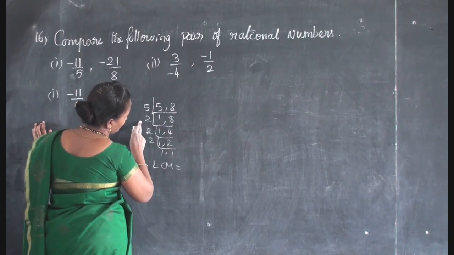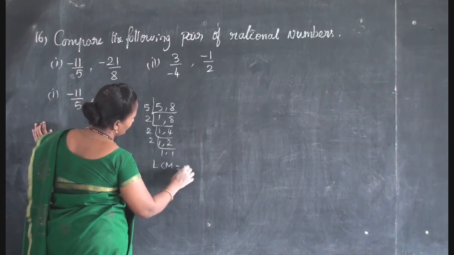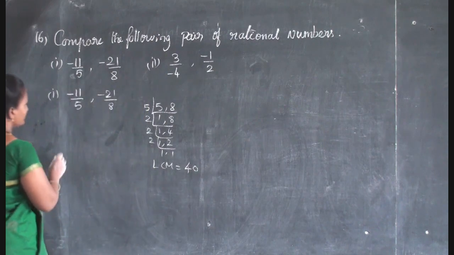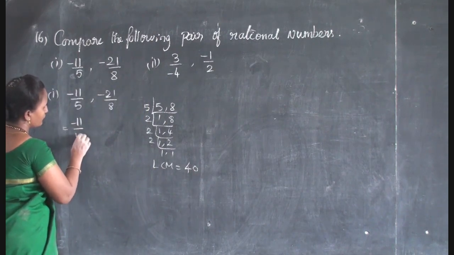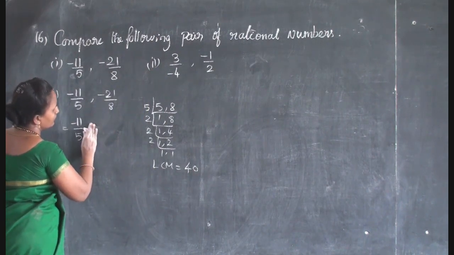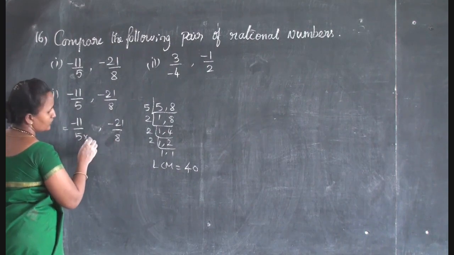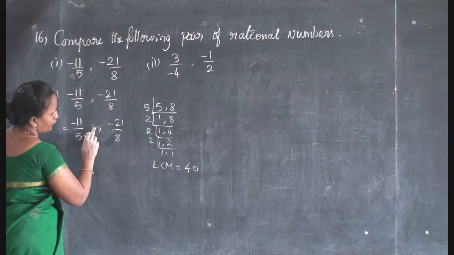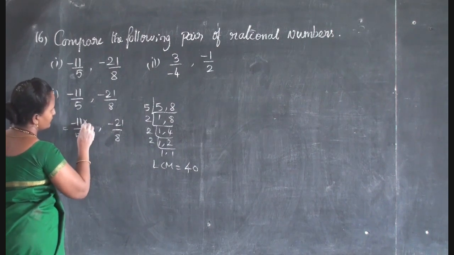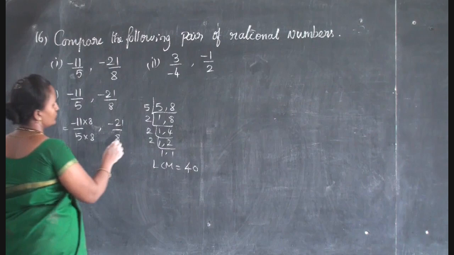5 2s are 10, 10 2s are 20, 20 2s are 40. LCM is 40. Minus 11 by 5, minus 21 by 8. What do we have to multiply to get 40? It is 8. So multiply the numerator also.